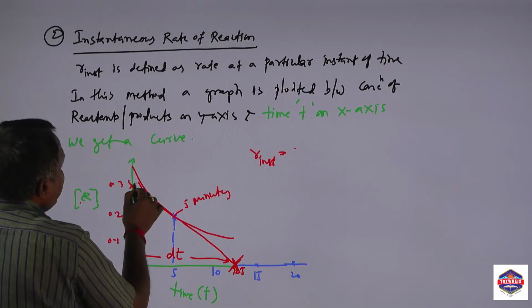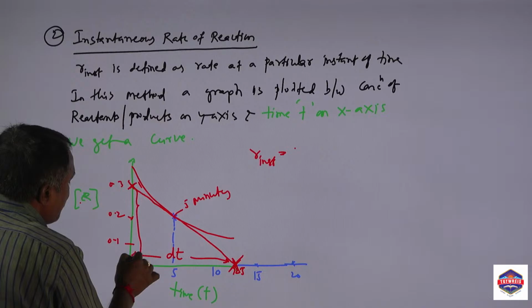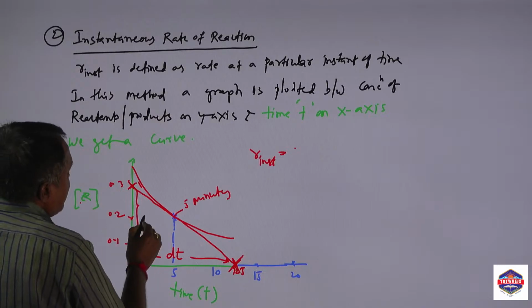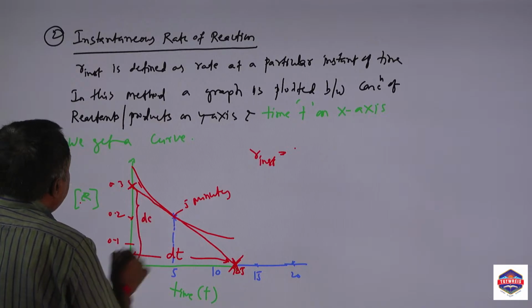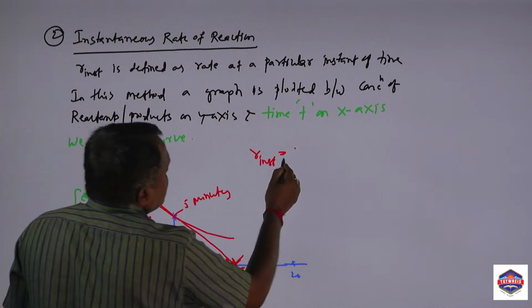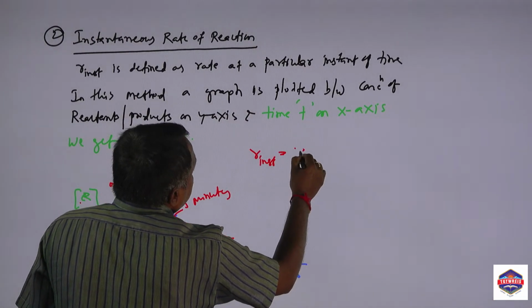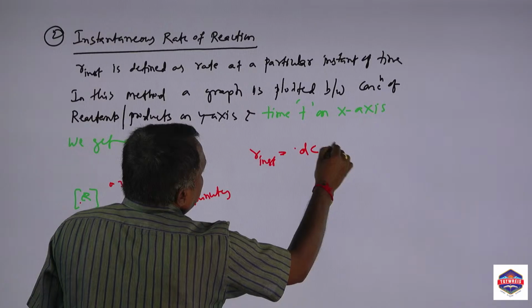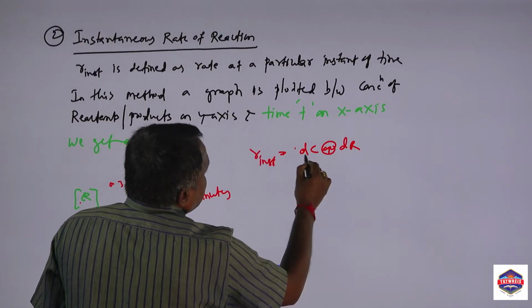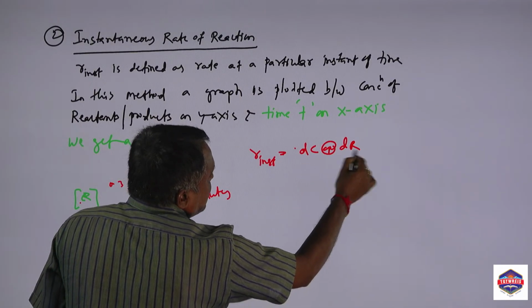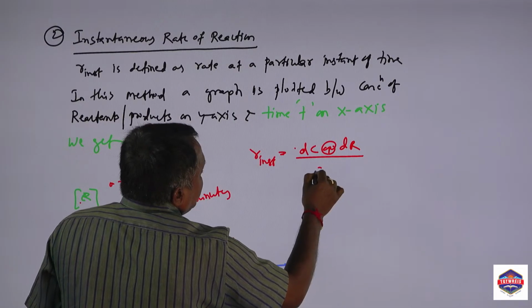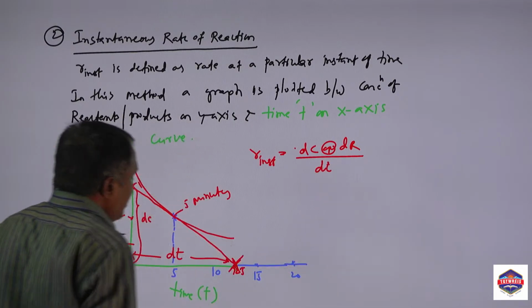The line where it touches the y-axis, from here to here, is dc or dR. So R instantaneous is equal to dc or dR, the change in concentration of reactant, by dt, the change in time.